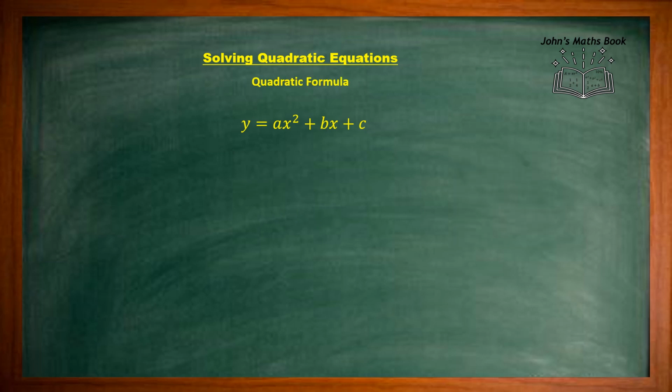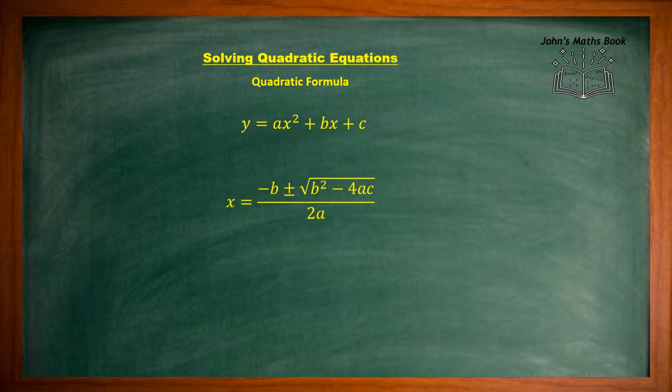Another way to solve quadratic equations is to use the quadratic formula. If we take a quadratic equation in its standard form of y is equal to ax squared plus bx plus c, we can use the quadratic formula to find the roots of the equation. So that is where the curve crosses the x-axis at y is equal to 0.